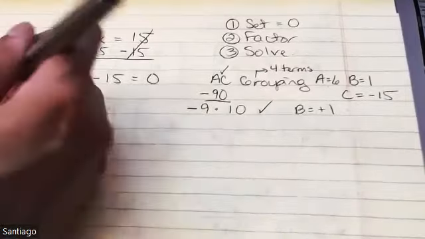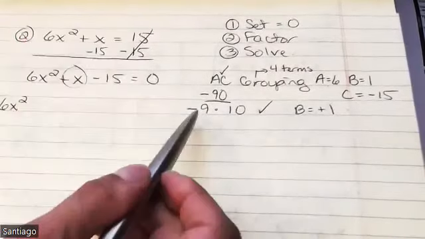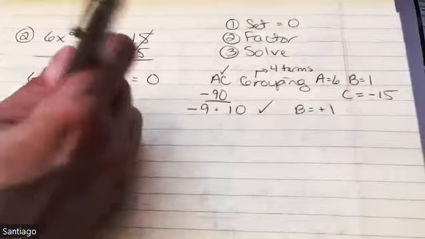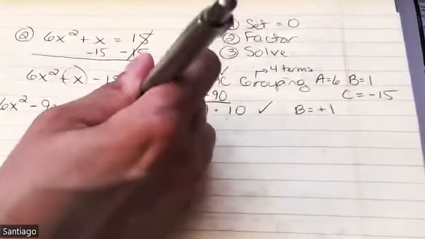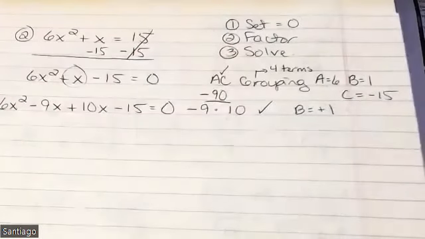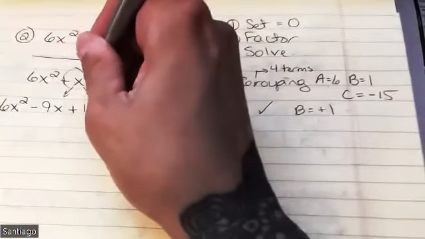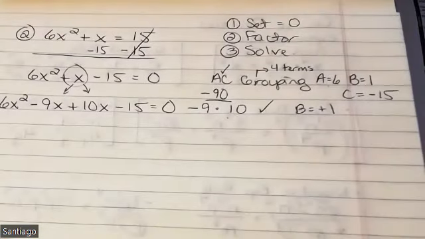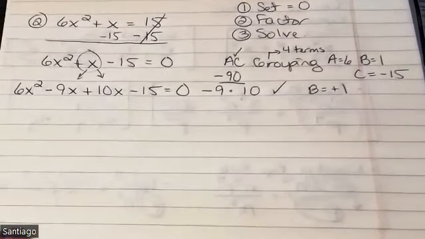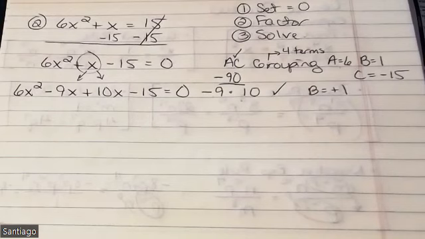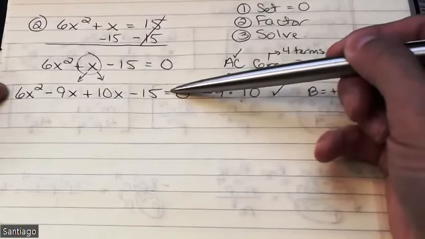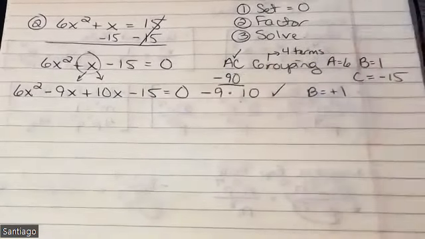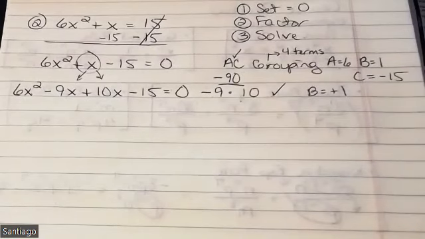So this becomes 6x squared minus 9x plus 10x minus 15 is equal to 0. Notice that that positive x became the 2 terms, a -9x and a positive 10x, because -9 plus 10 is 1. So all we've done is rewrite the polynomial so that now it's 4 terms, because once it's a 4-term polynomial, we can factor by grouping.